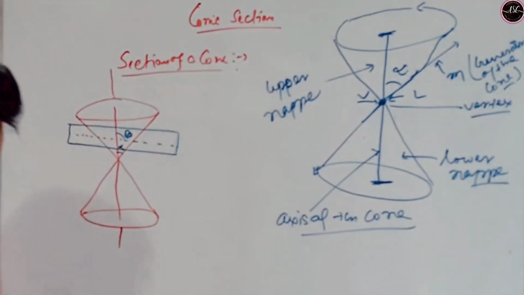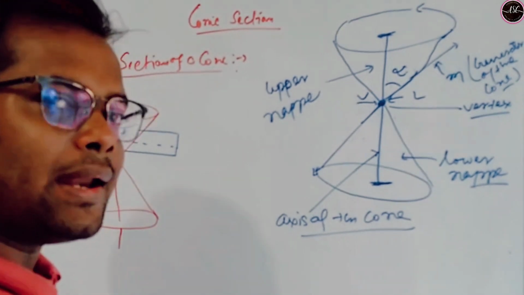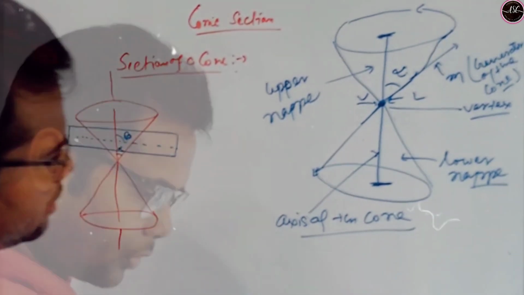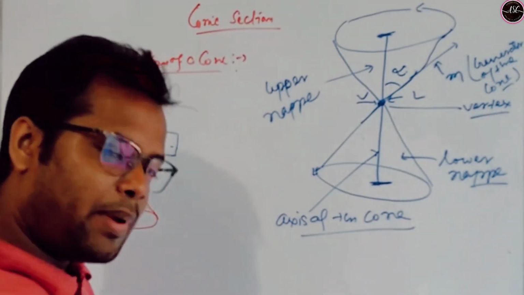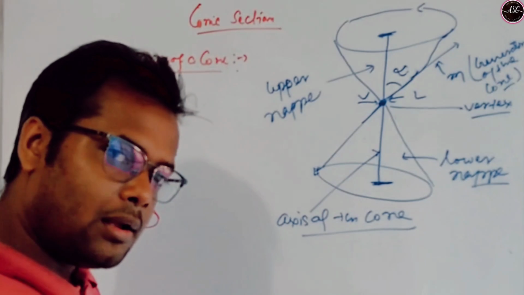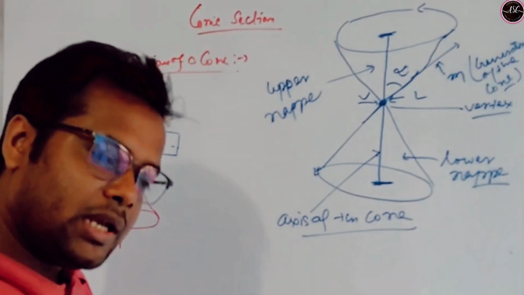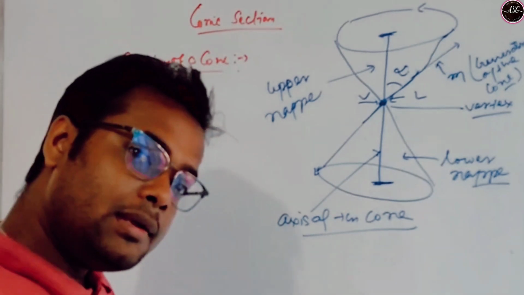Mainly in this class we will learn about the circle. But now we should know about the value of beta. If the value of beta varies, the curves may change.